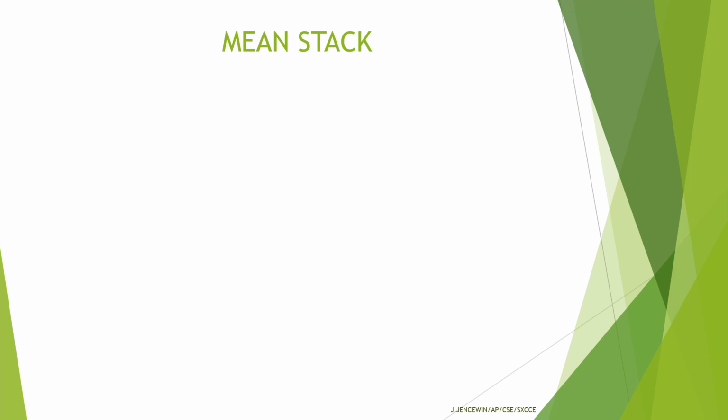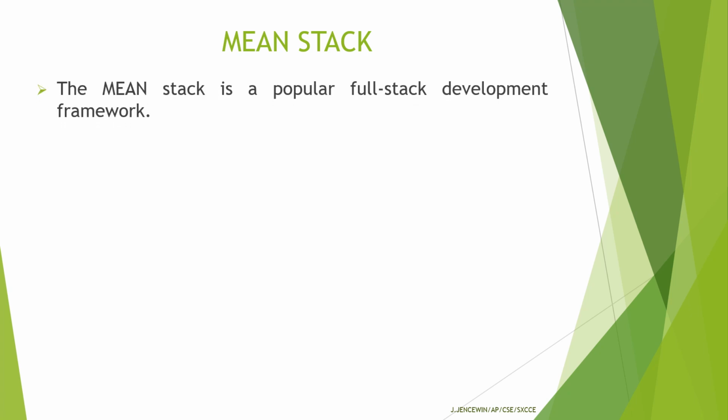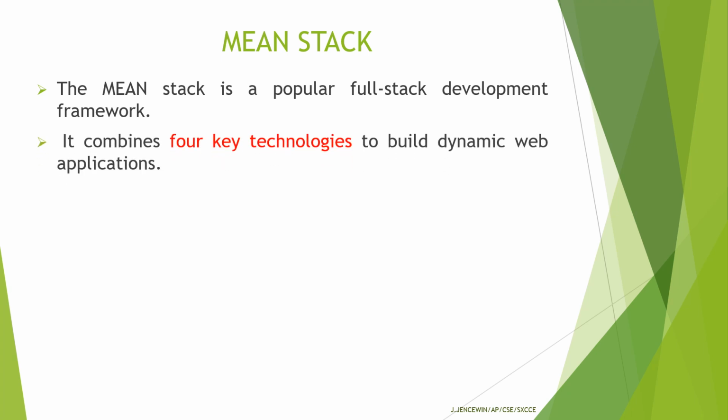Now let us see the MEAN stack. The MEAN stack is a popular full stack development framework. Normally a stack includes all the technologies we use to create a complete web application. This actually combines four different technologies to build dynamic web applications.